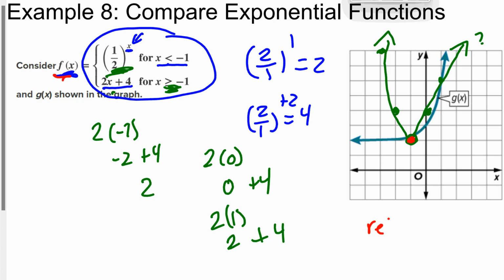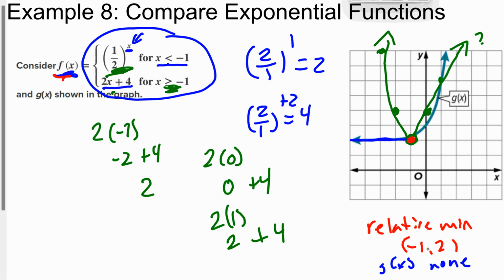So relative min, we have a point -1, 2, right? Where g of x, the blue one, it looks like it kind of has an asymptote right here at y equals 2. So it doesn't have a relative min because it keeps getting smaller and smaller and smaller. It's never going to cross at 2, but it's going to keep getting smaller. So it has no relative max. So g of x is none.